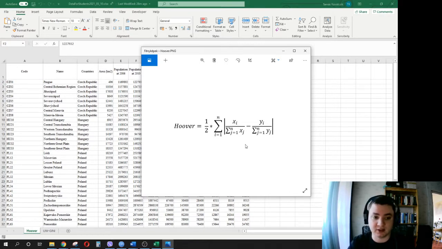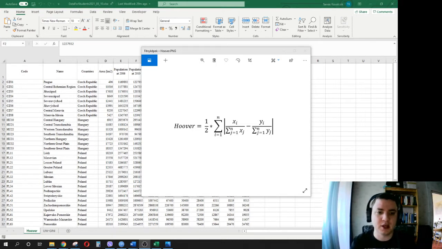So we compare two absolute indicators, and if you make a comparison of them, you can call it the Hoover index of the division of them.